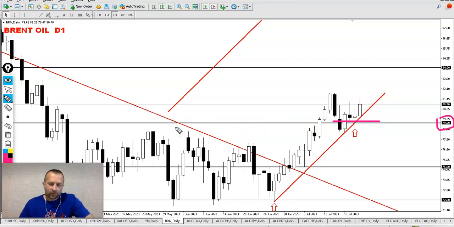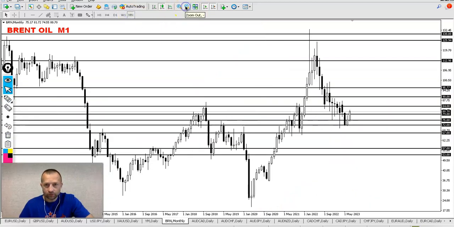But usually everything is already priced in, and I would just trade with the trend, and the trend is your friend until its end. But now it starts over again. Overall picture is bullish. If you look at the monthly time frame, it's always good. Bulls are in control.